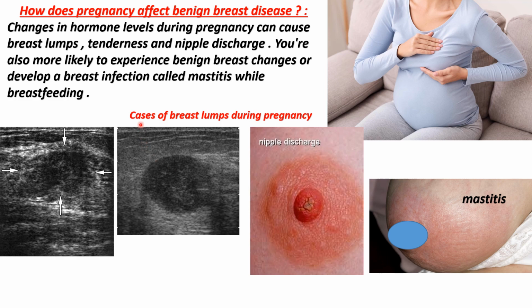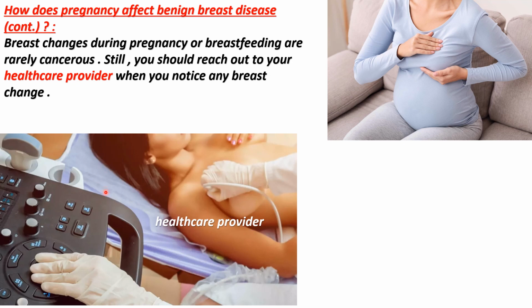We are seeing here cases of breast lumps during pregnancy. Breast changes during pregnancy or breastfeeding are rarely cancerous. Still, you should reach out to your healthcare provider when you notice any breast change.